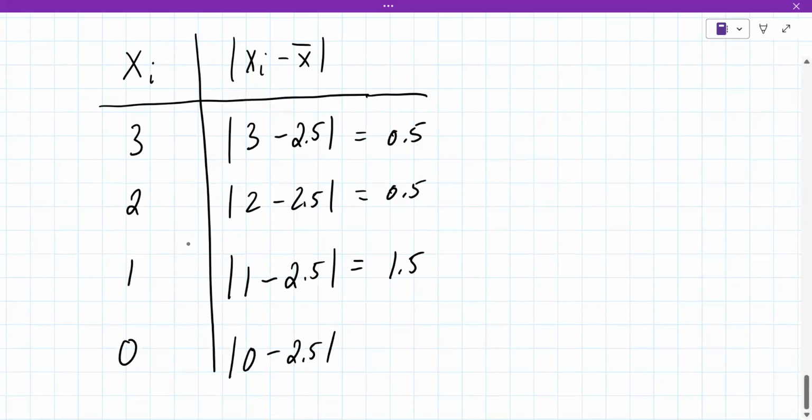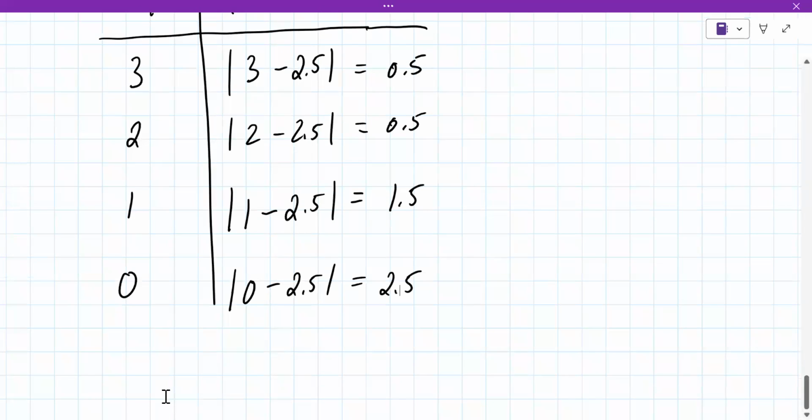Does this look like what you guys were doing in class? Okay. Now, just because I don't have the room, I'm going to write a little smaller and go to another column here. So 4 minus 2.5 is 1.5.